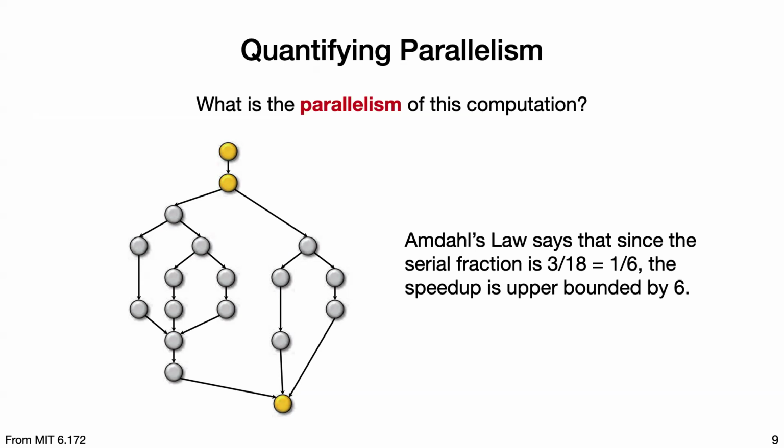And using Amdahl's law, this is nice because we have a nice theoretical DAG here. The serial fraction is 3, because these are the sequential part. This entire part can be run in parallel. And the total number of nodes is 18. So using Amdahl's law, the serial fraction is 3 by 18, which is 1 over 6. So the speedup would be bounded above by 6.